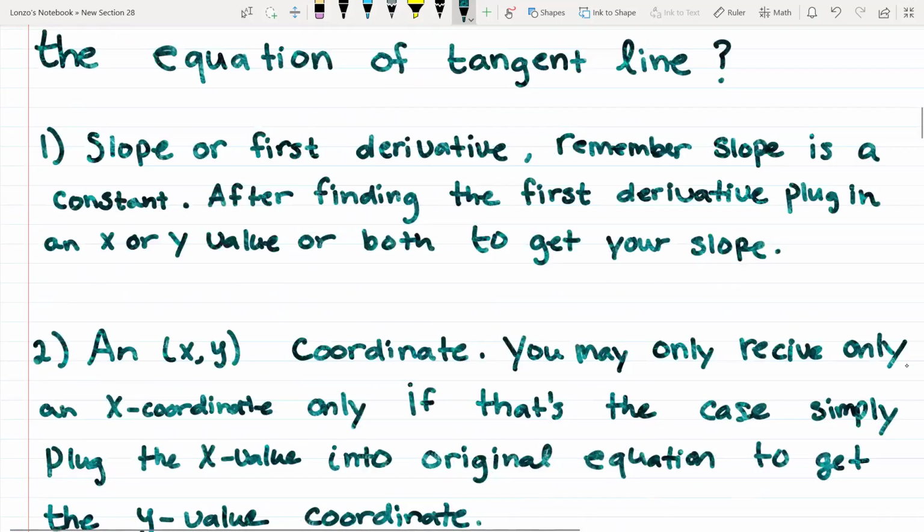Now, remember, slope is a constant, your m value, like 3, 4, or -1/2. To find it, first you must find the first derivative. That's the first step. You're not going to get a constant immediately, so you have to plug in an x or y value, or sometimes both, to get your slope, or your constant. And I will do an example.